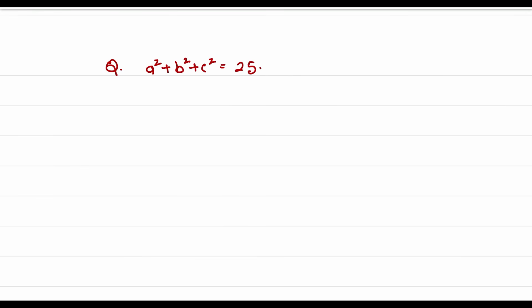We have to find out the range of ab plus bc plus ca, in which range this value oscillates. That's what we have to find out. Now, let us go for the solution, step by step.